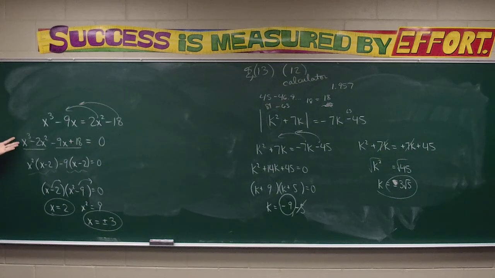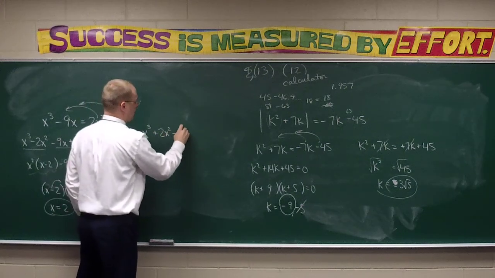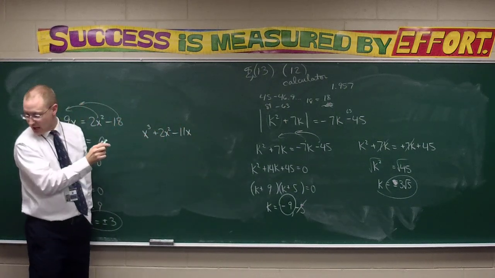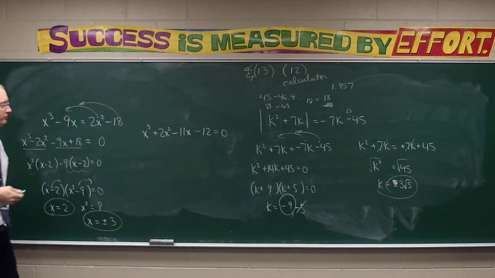Seems easy enough, right? Set it equal to 0, factor by grouping, and there we go. But try this one out: x cubed plus 2x squared minus 11x minus 12 equals 0.